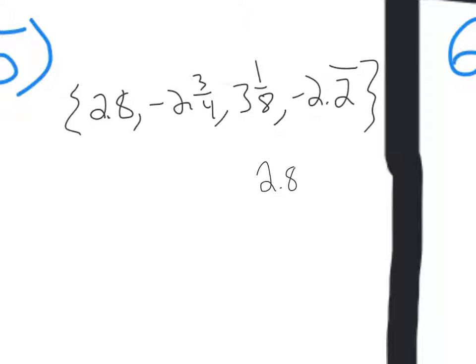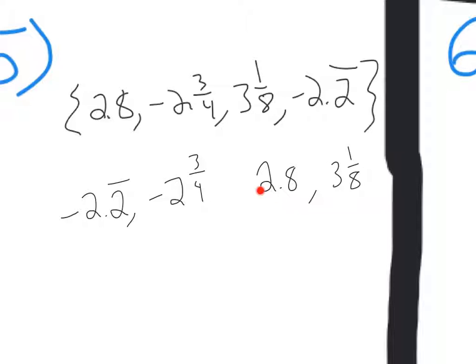2.8 and 3 1/8. Okay, let's take our negative numbers now. Negative 2 3/4 and negative 2.2 repeated. And let's put those over here. We're just starting to organize. That way we know we can order these a little bit better. Okay.